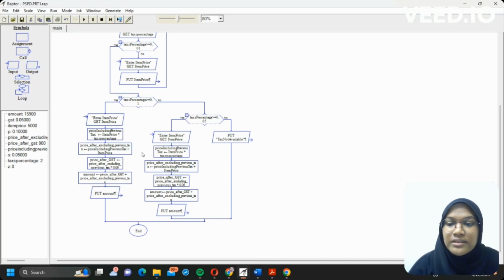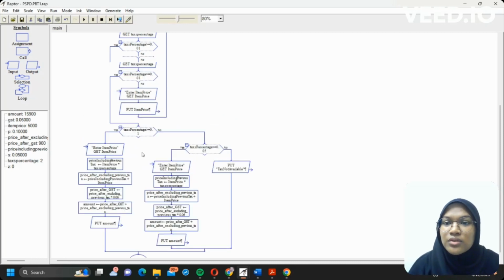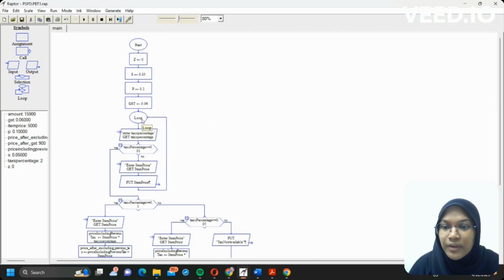Then go to the next assignment: price after GST equals price after excluding previous tax multiplied by 0.06, and the amount would equal price after GST plus price after excluding previous tax, and then output the amount. Then we go to the top here.